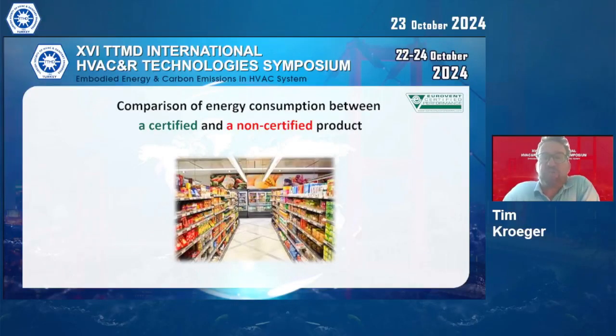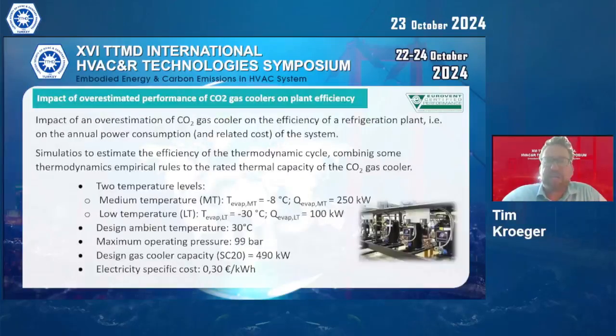I have actually shown a supermarket simply because if we look at Northern Europe, and in particular CO2 gas cooling, then the supermarket industry is probably one of the largest users. This is just a system that we have analyzed and simulated.